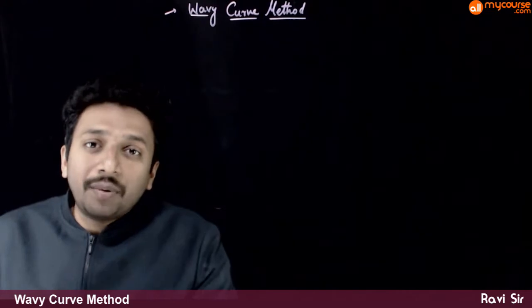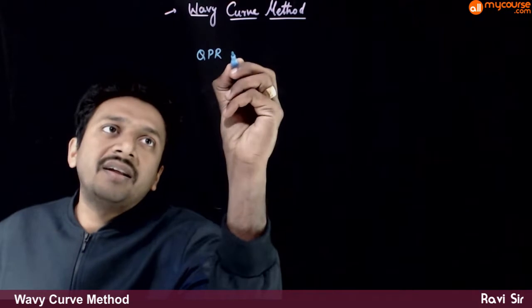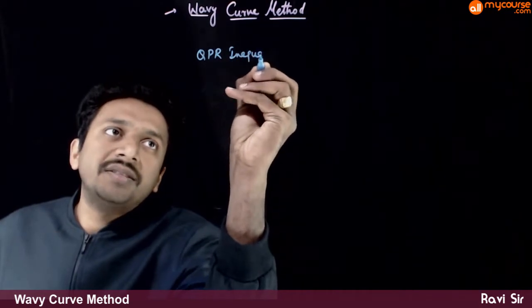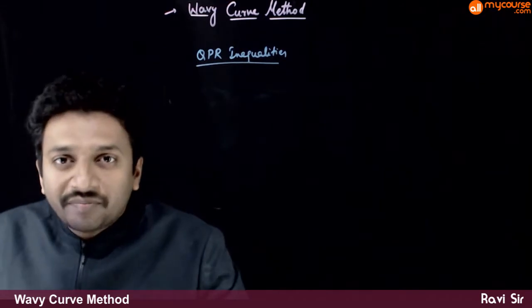Till now you have understood how to solve linear inequalities. Now let us go forward. The wavy curve method is a method that can be used to solve QPR inequalities. So what is QPR?